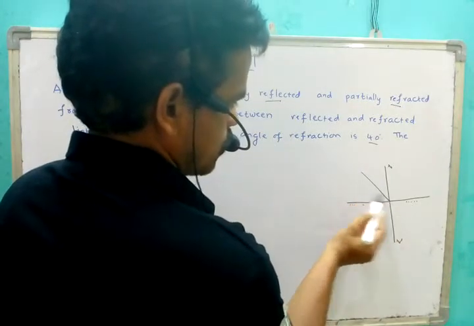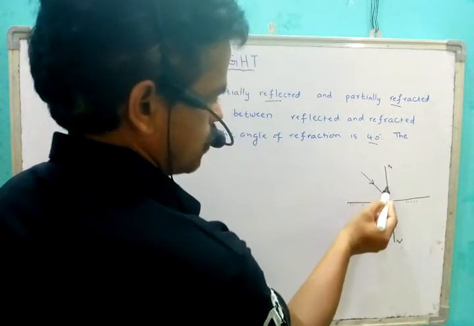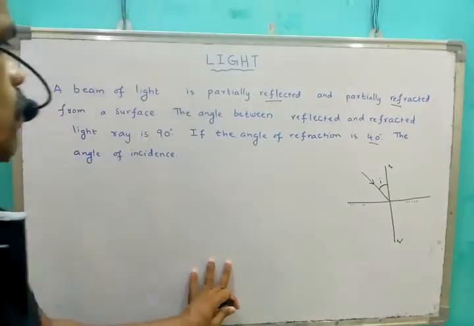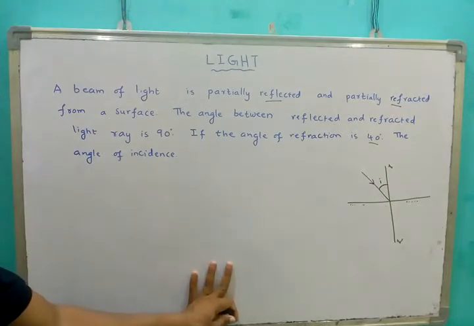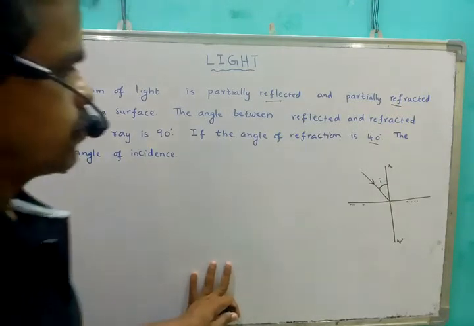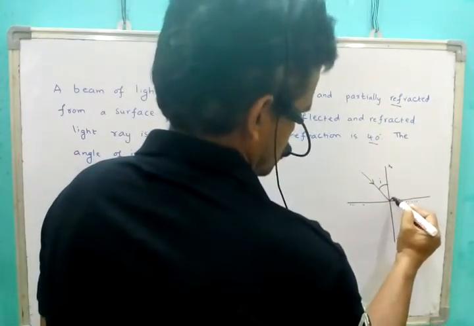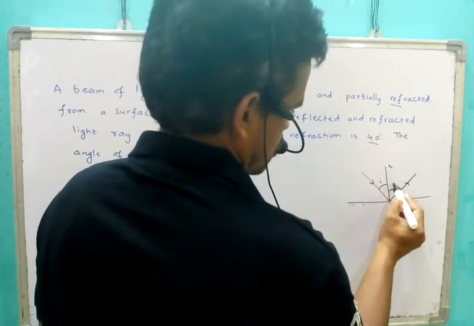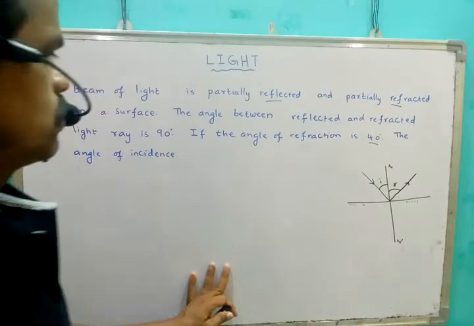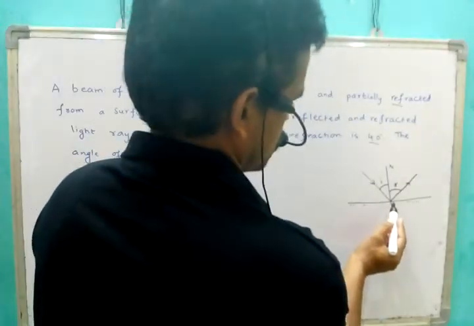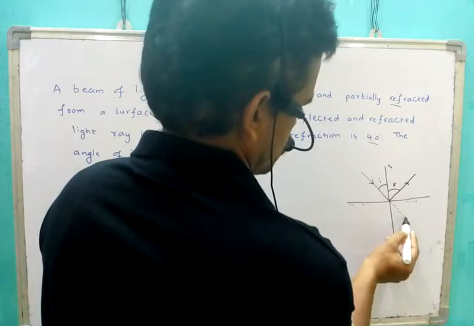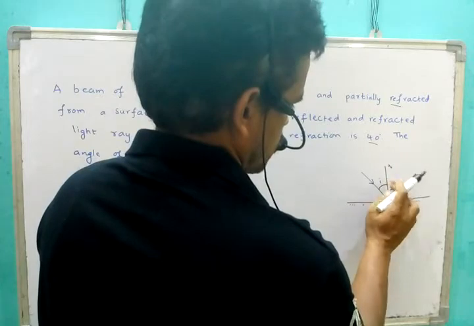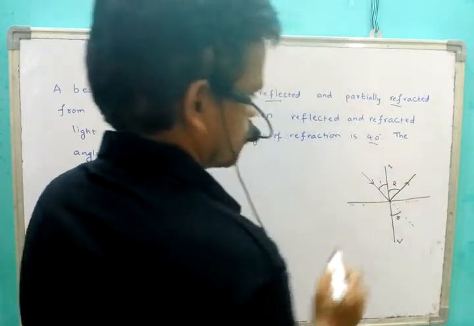A beam of light falls on the surface with an angle of incidence I. It is partially reflected and partially refracted. So this is the reflected light ray, and one more is the refracted light ray. You take reflection as capital R, refraction as small r.